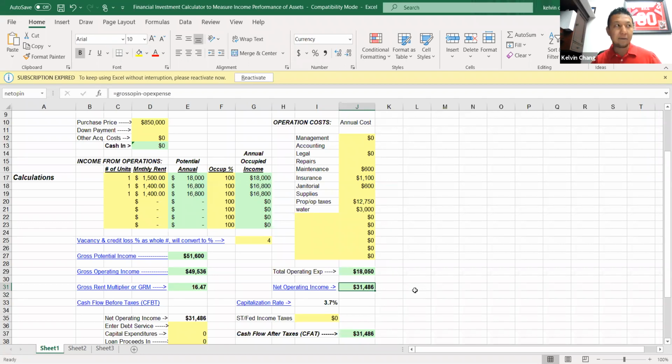If you are a sophisticated broker agent, you can know this, the formula. Who could tell me the formula of a cap rate? Anybody know? Write this down. The cap rate equals the net operating income divided by the sales price.